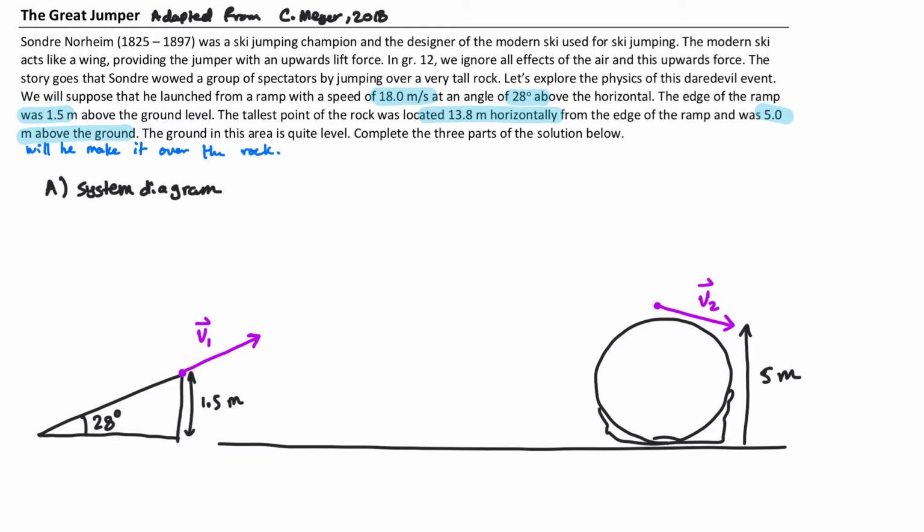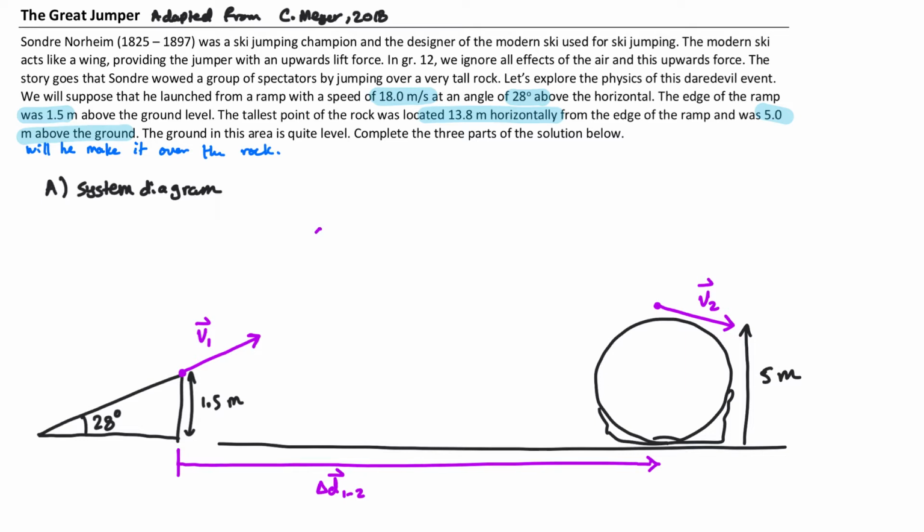And I know one other piece of information here which I will label as well, and that's the horizontal distance from here to the top of the rock. I'm going to name that displacement from 1 to 2, and I'm not going to put the value in. I'm just going to put the vector and the direction there.